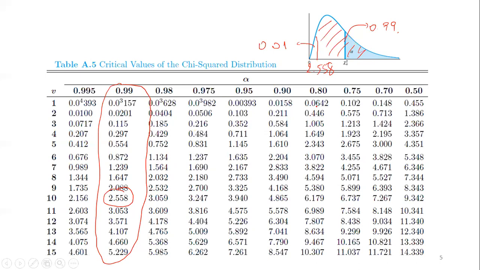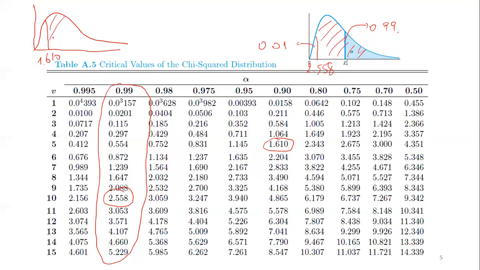Or let's pick something from here. This is a chi-square in the middle. Let me plot it. It's something like this. It's not symmetric. 1.610, so it's somewhere here.